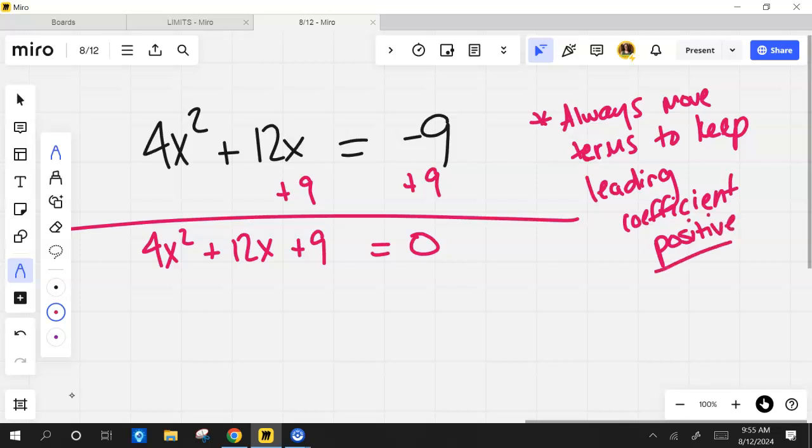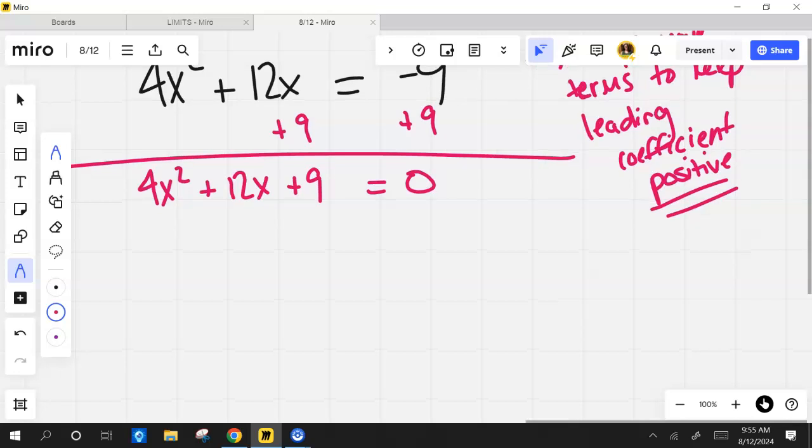It's going to make your factoring life easier. Okay? So as you decide what am I going to move where, I'm always going to move to keep my leading coefficient positive as I move. Sometimes you'll have to move more to keep the leading coefficient positive, but it'll make it easier for you in the long run.